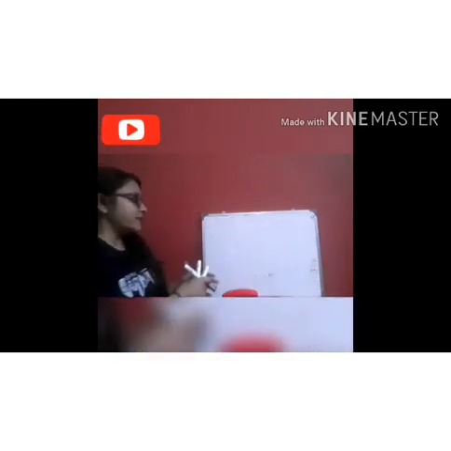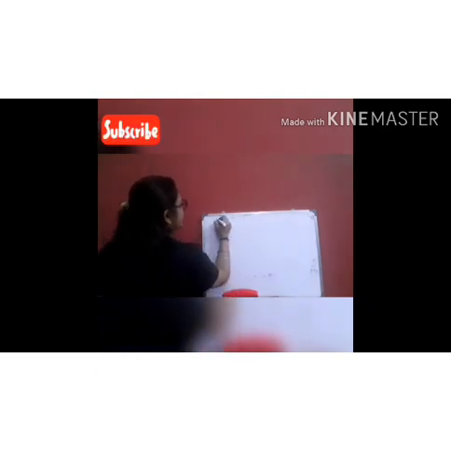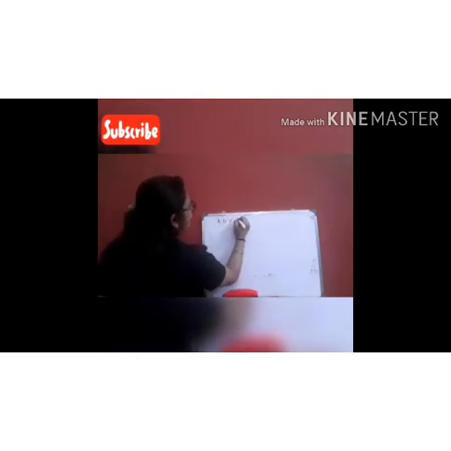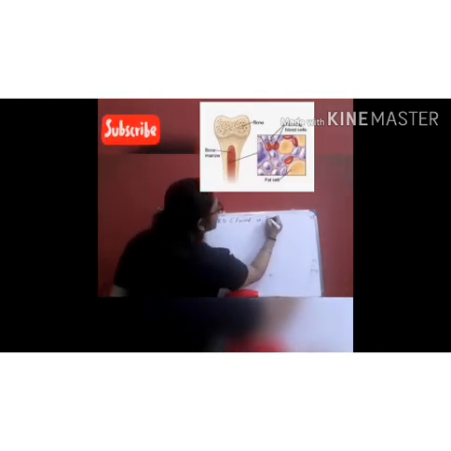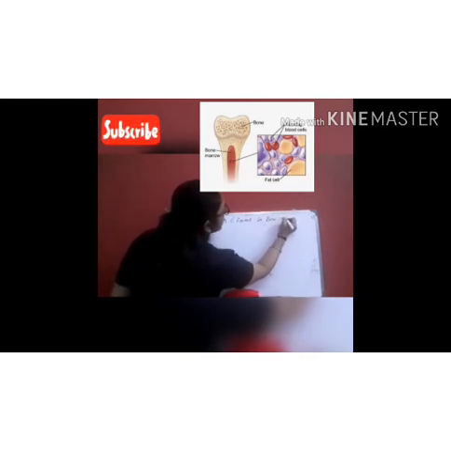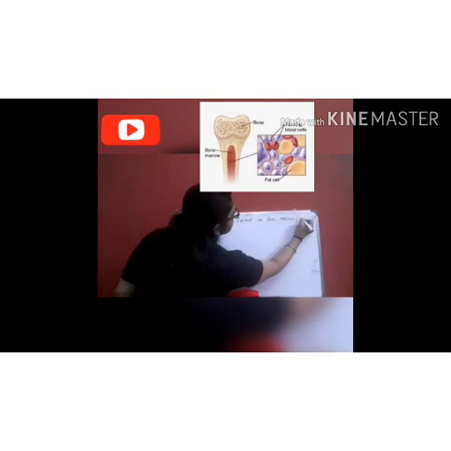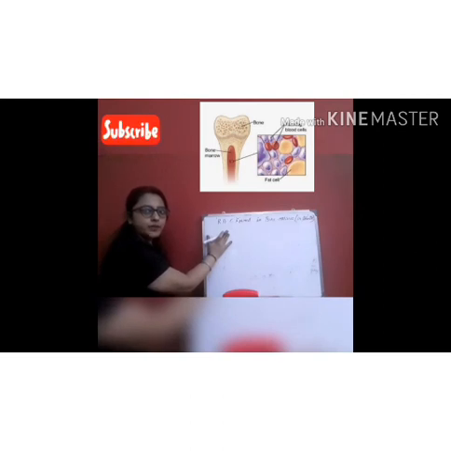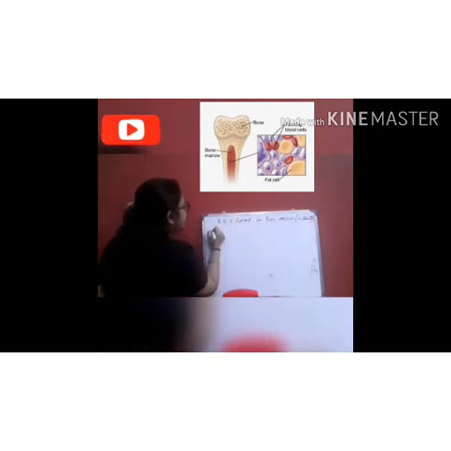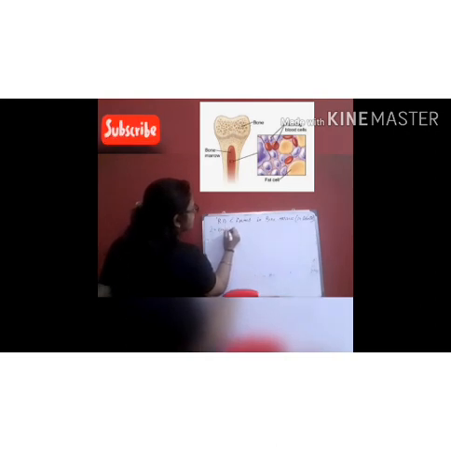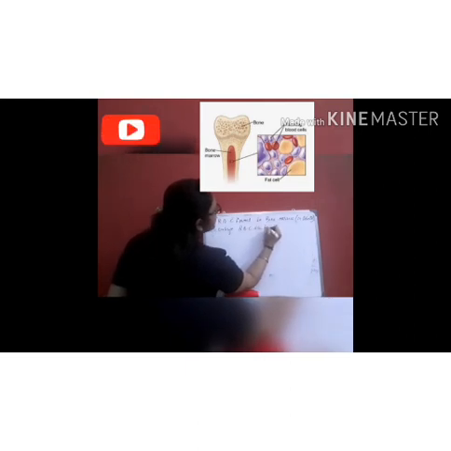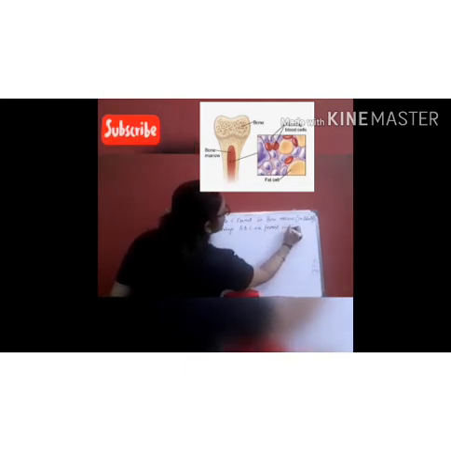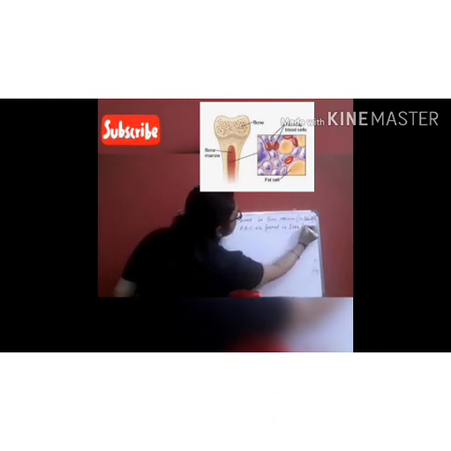RBCs are formed in bone marrow in adults, and in the embryo, RBCs are formed in liver and spleen.